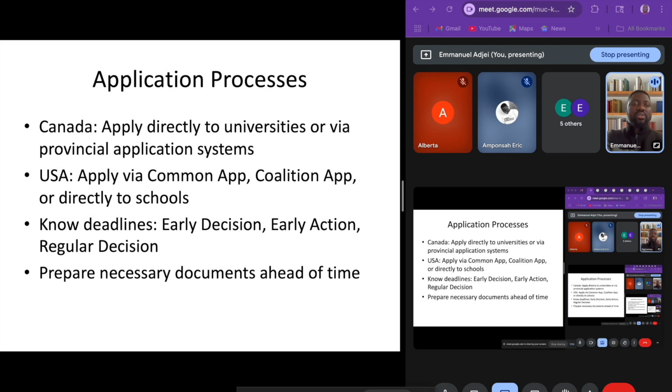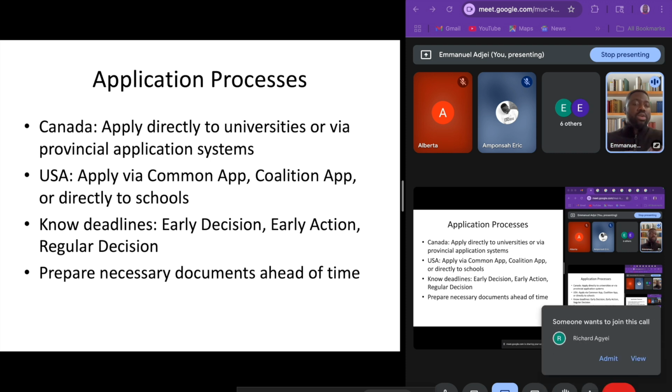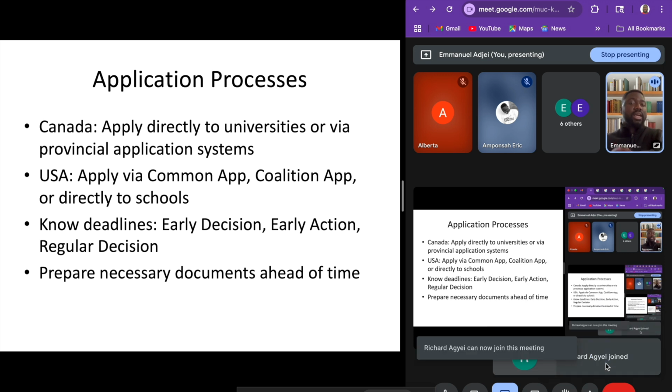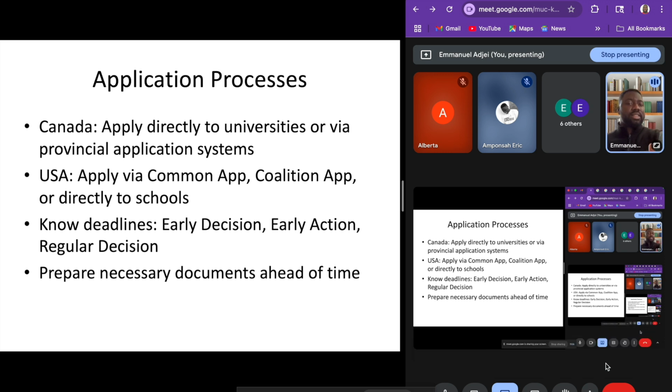Now, how do you apply to Canadian universities? You can apply directly to the universities, or you can apply through something called a provincial application system. And every province in Canada has that. Currently, I think Canada has 13 provinces. I may be wrong. It's just like states or regions in Ghana, right? I don't know how many regions are in Ghana now, maybe 16. But Canada has 13 provinces, right?